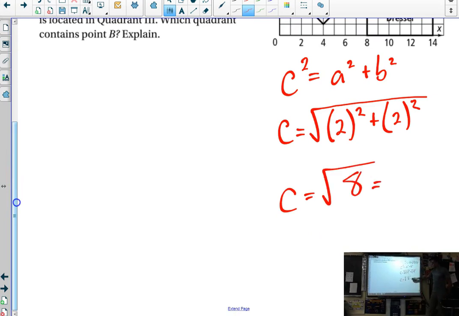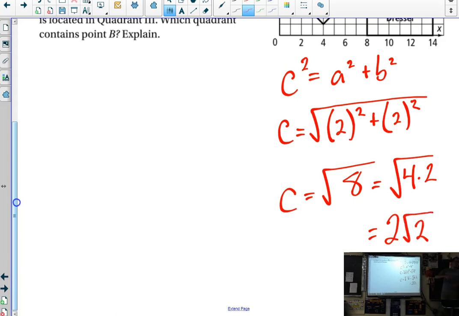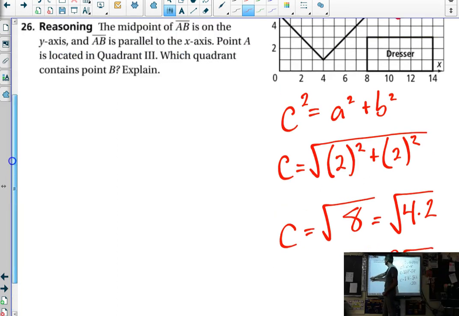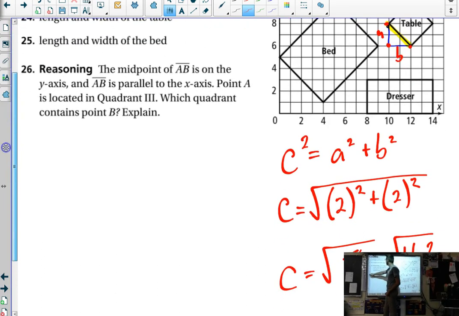If I want to simplify this, I can make it radical 4 times 2, and then the radical 4 can reduce out, and I get 2 radical 2. Radical 2 is approximately 1.4, so I could try to get this out into a decimal form. I could just leave it 2 radical 2. And whatever distance, I think it was feet. Yeah, so that'd be 2 radical 2 feet.